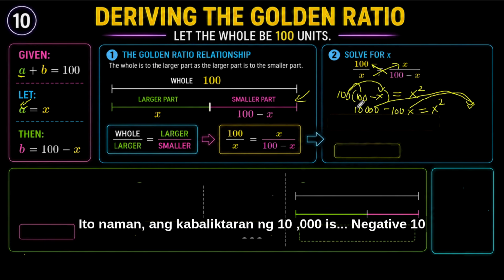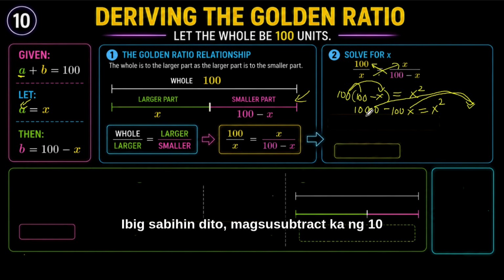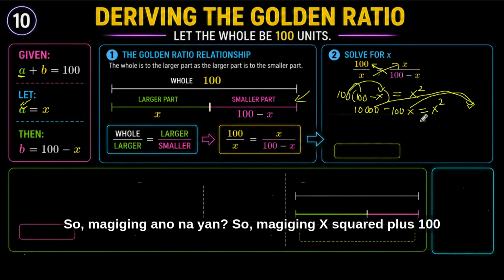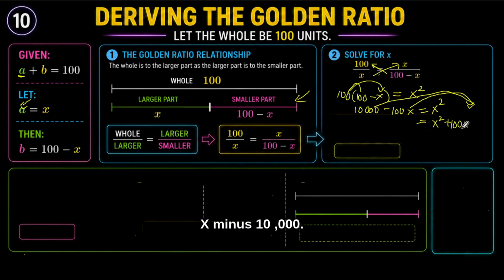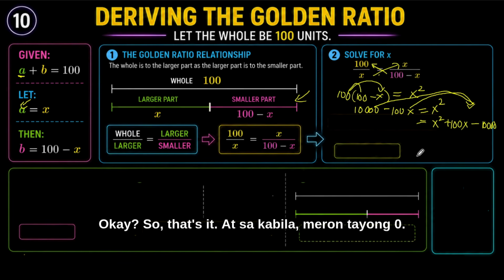Ito naman, ang kabaliktaran ng 10,000 is negative 10,000. Ibig sabihin dito, magsusubtract ka ng 10,000 both sides. So, magiging ano na yan? So, magiging x squared plus 100x minus 10,000. Okay? So, that's it. At sa kabila, meron tayong 0.